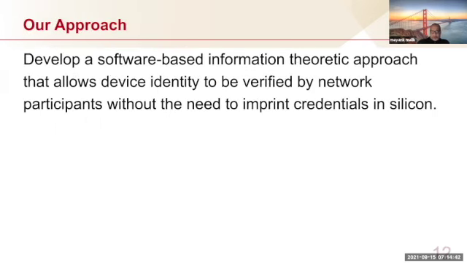What we want to be able to do is have a software-only information theoretic approach that allows device identity to be verified by the network participants without the need to imprint credentials in silicon. So we want to take hardware out of the equation and be able to provide similar guarantees, similar security as a hardware-based solution would do.